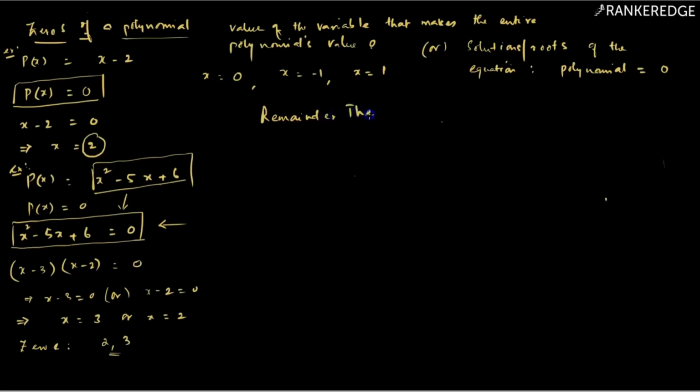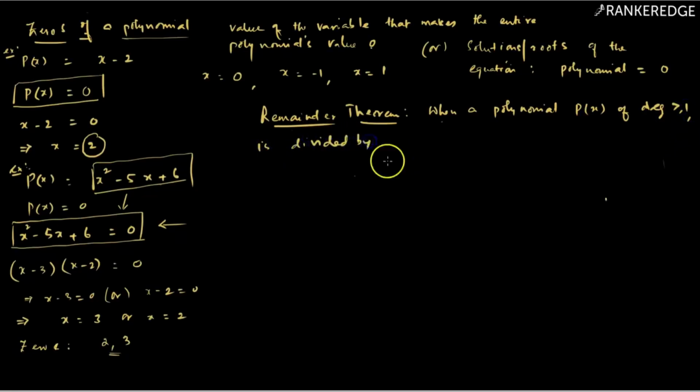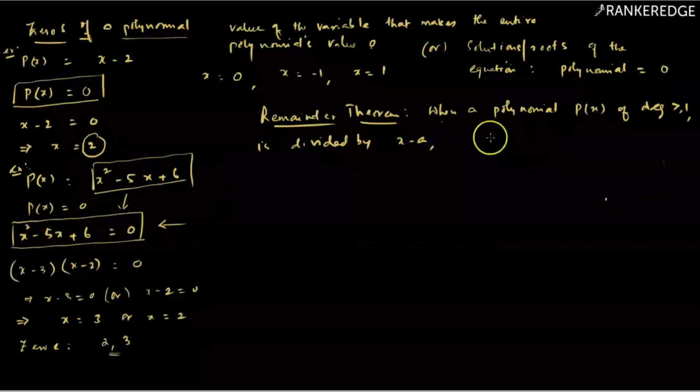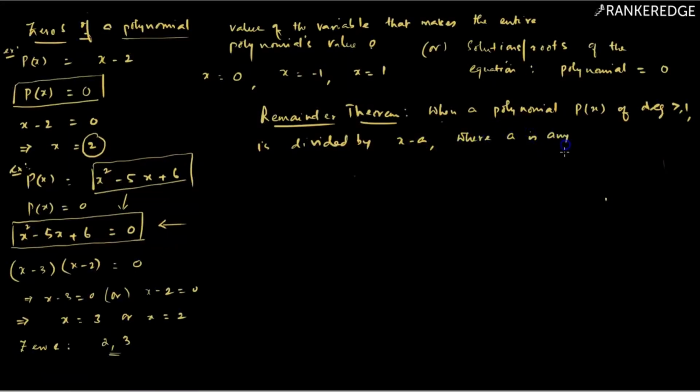Next, what is the remainder theorem? When a polynomial p of x of degree greater than or equal to 1 is divided by x minus a, a linear polynomial where a is any real number, the remainder, it only talks about the remainder that you get.